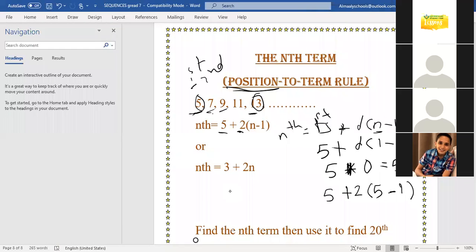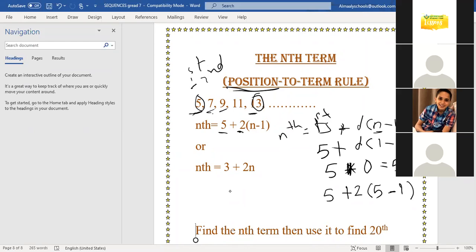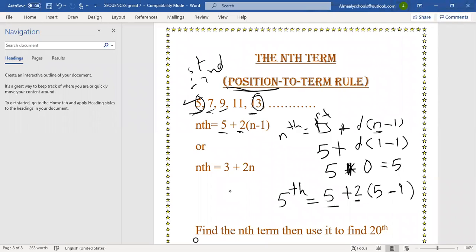Why is n 5? Because we want to find the fifth term. From where this 5? The first term. From where this 2? The constant difference. From where this 5? It's n, because it's the fifth term.